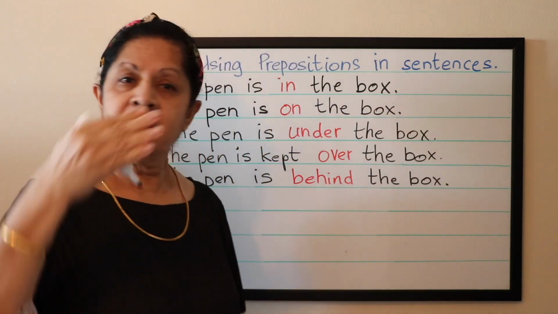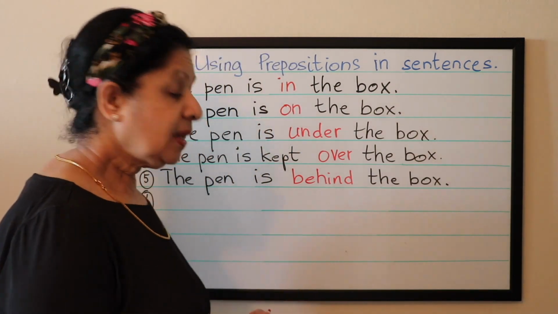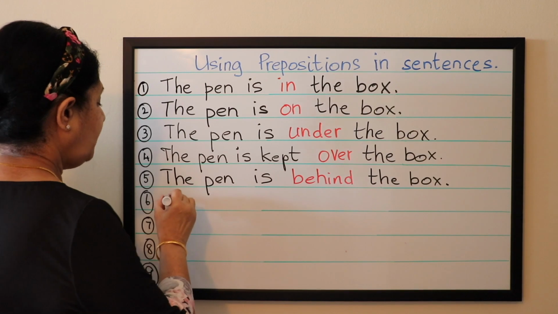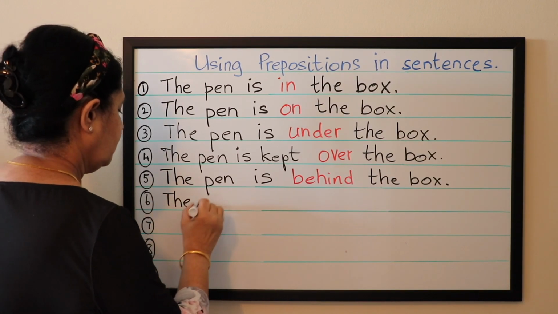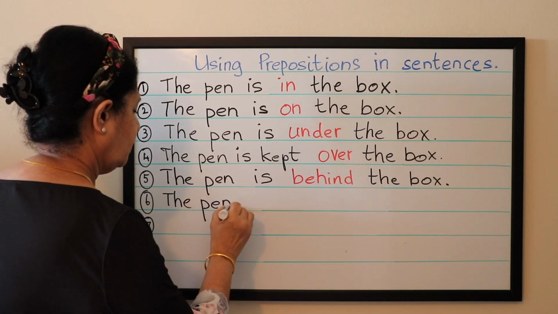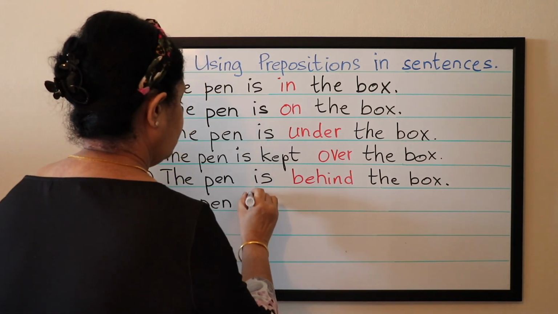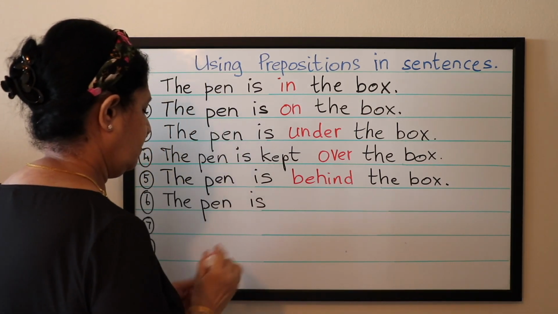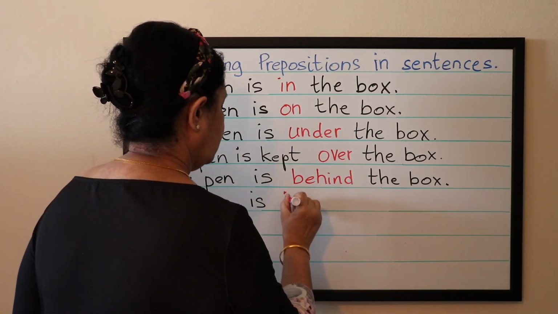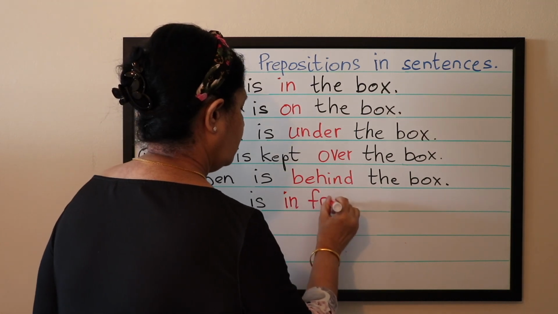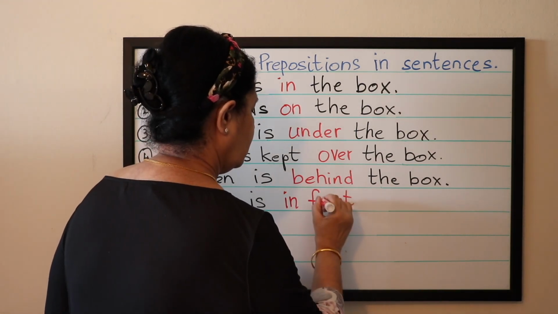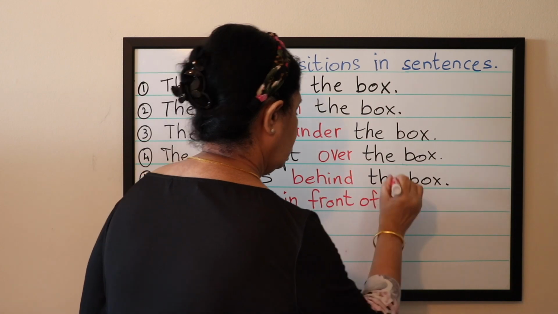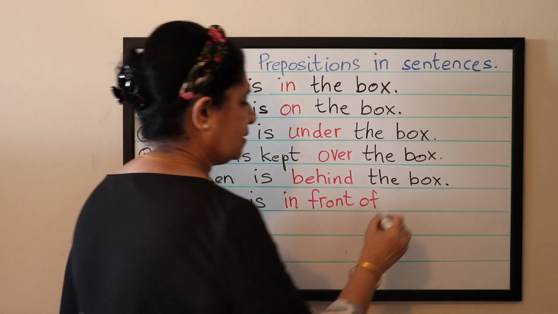Next one, in front of. The pen is in front of the box.